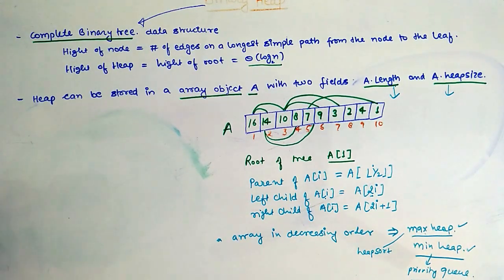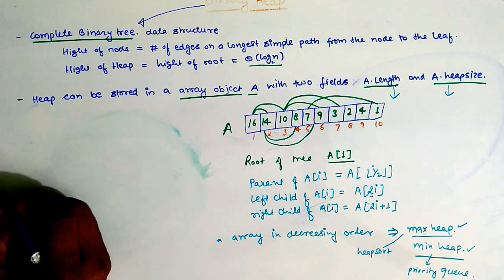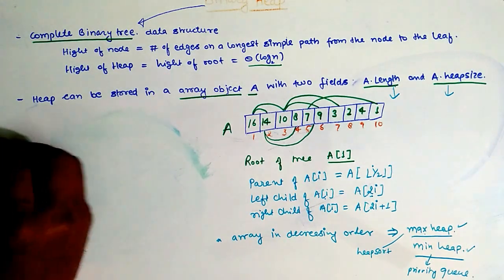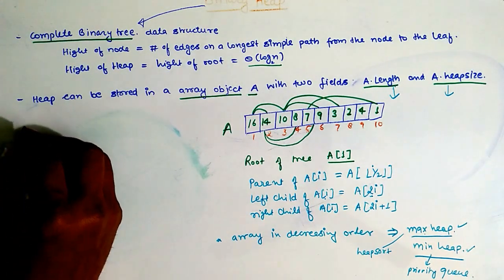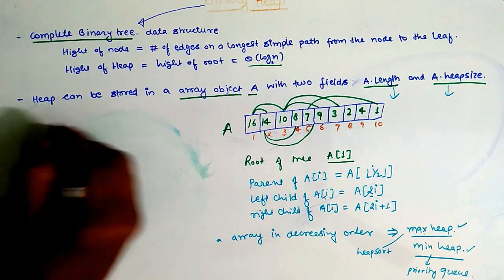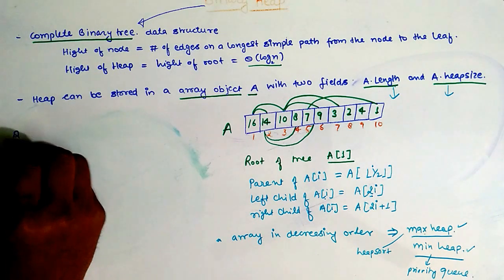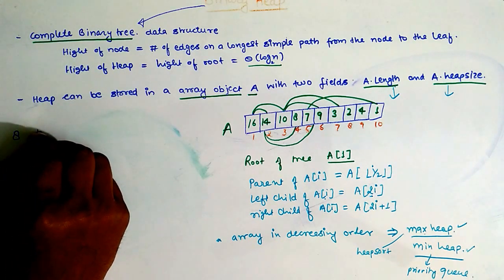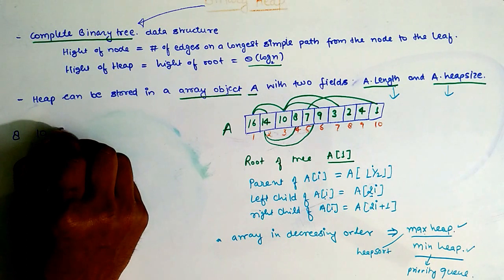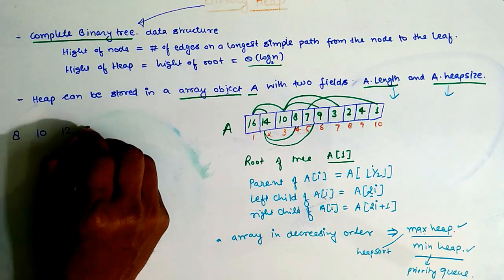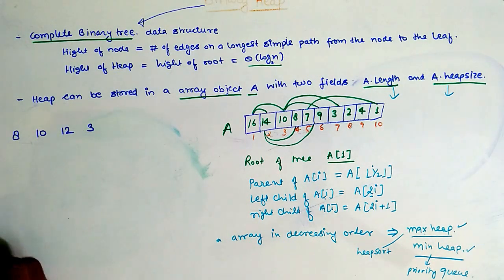Suppose an array is given as 8, 10, 12, 3. This is an array, and the number of elements is given.